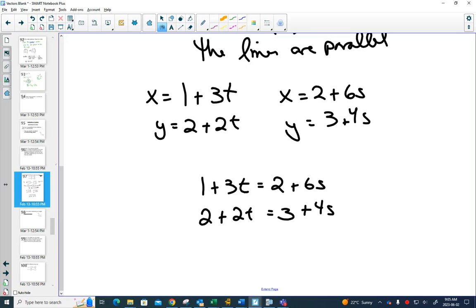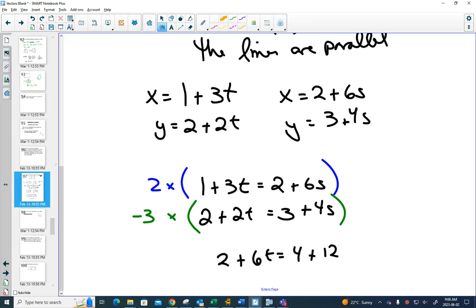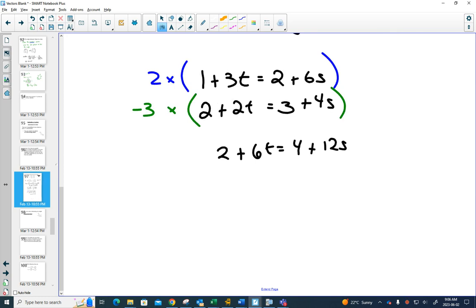Okay? If you chose to use elimination, I would probably multiply this equation by 2 and this equation by -3. That would cause my t's to cancel out. What would I get as a result? I would get 2 plus 6t equals 4 plus 12s, and -6 minus 6t equals -9 minus 12s.